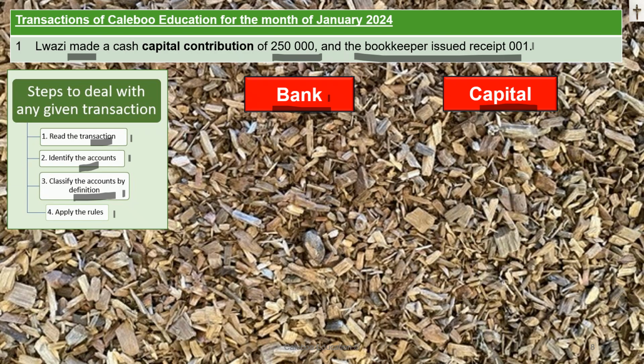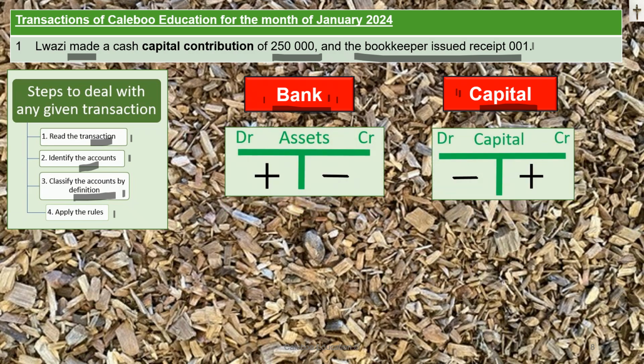But more about that later. So we read this transaction, two accounts involved. Owner put money into the business, our bank balance has increased, and the capital, the owner's interest in the business, has increased by 250,000. So we classify these accounts.